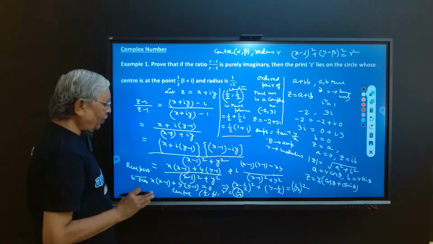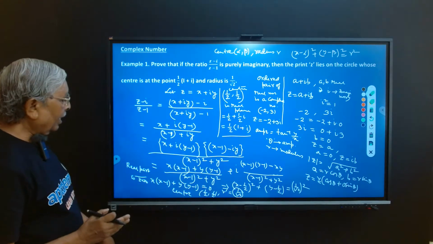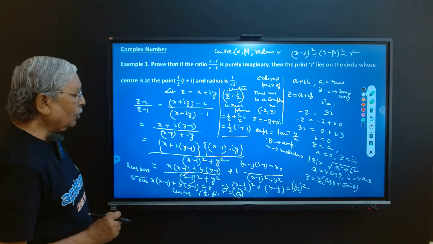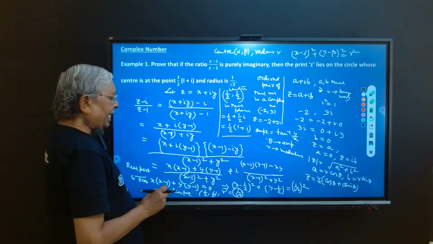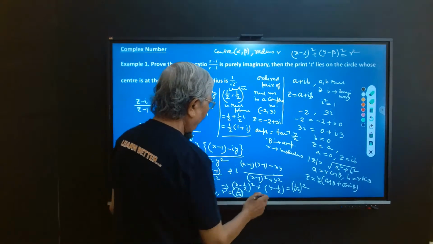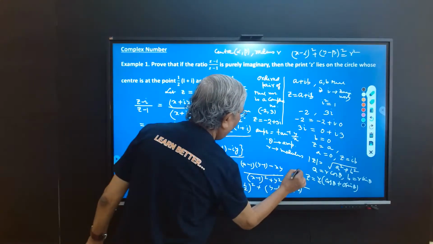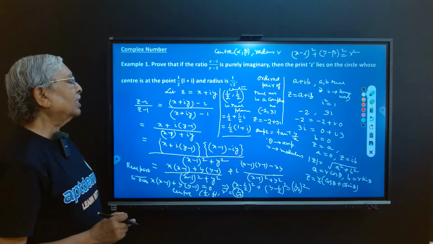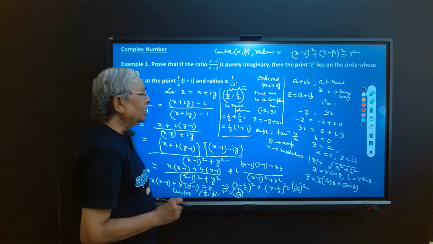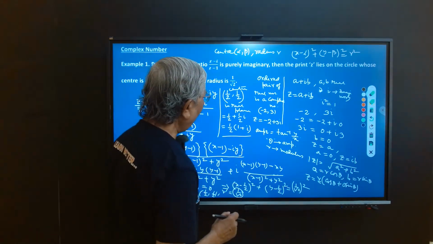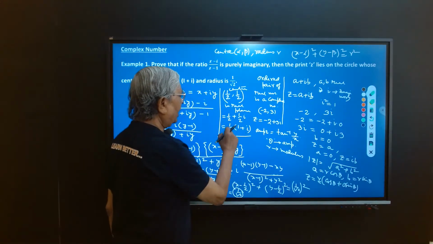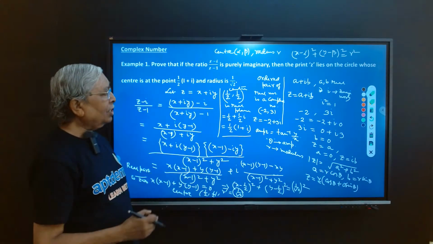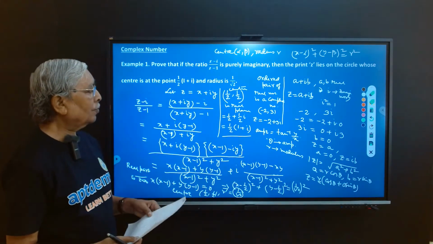So the real part must be equal to 0, that is x into (x minus 1) plus y into (y minus 1) equals 0. From this we can write (x minus half) whole square plus (y minus half) whole square equals (1 by root 2) whole square. So this represents a circle whose center is the point (half, half) in the real plane, that is half plus half i, or half into (1 plus i) in the complex plane, and radius is 1 by root 2.